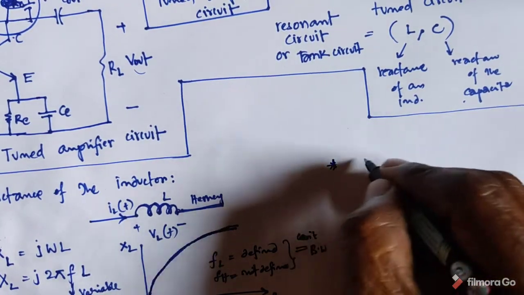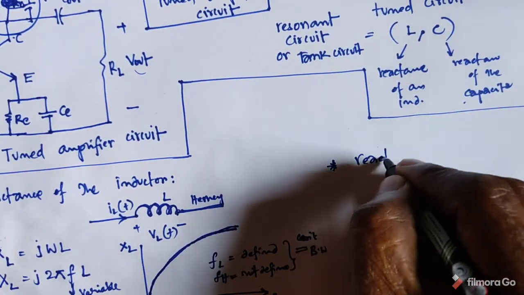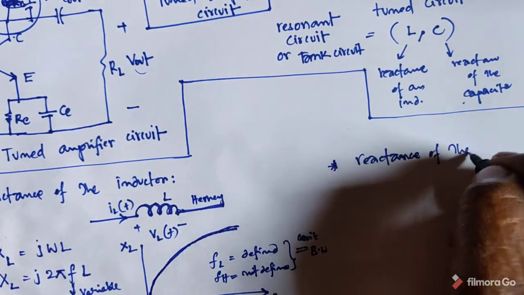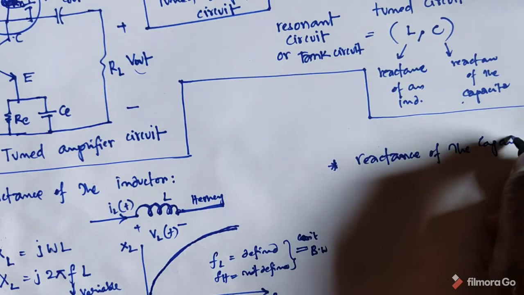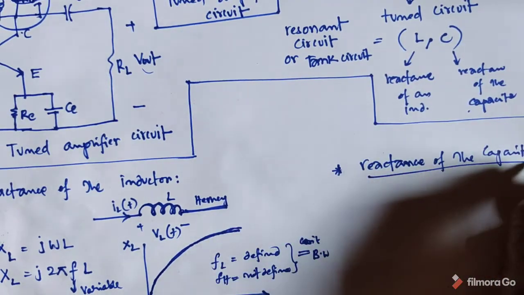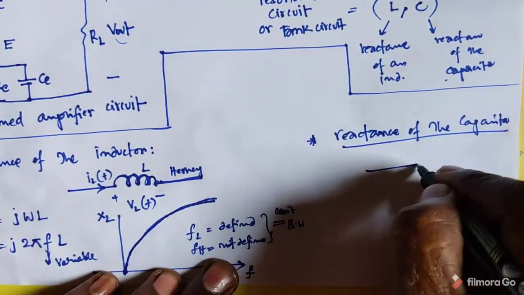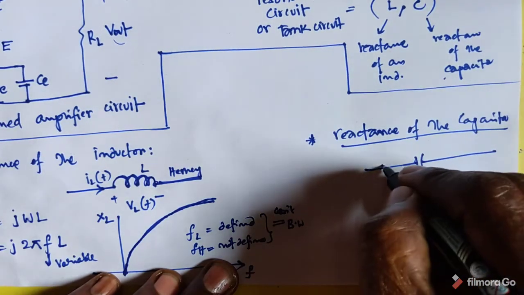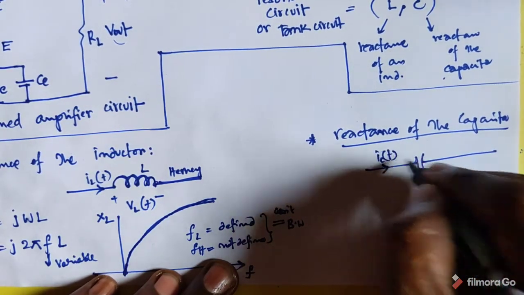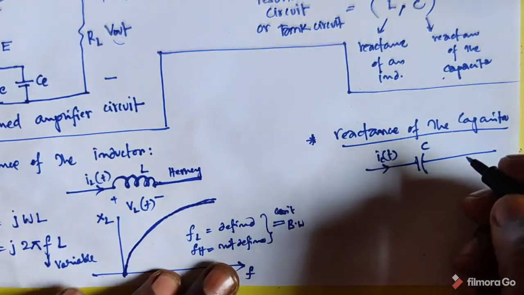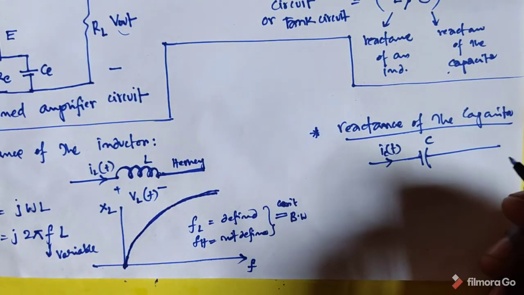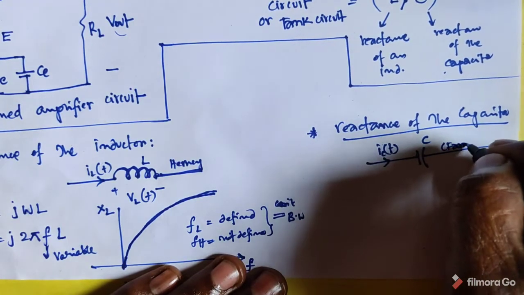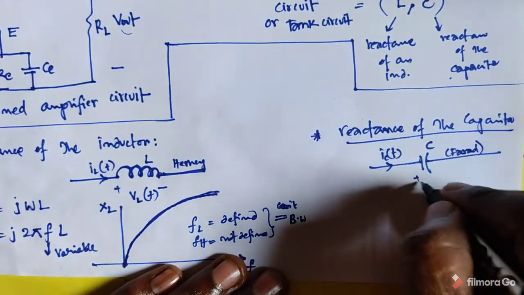Similarly, you can take the reactance of the capacitor. Simply take a capacitor, with current IC of t and voltage VC of t, which is denoted by C. The unit for capacitance is farad.